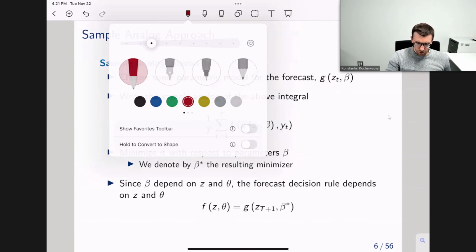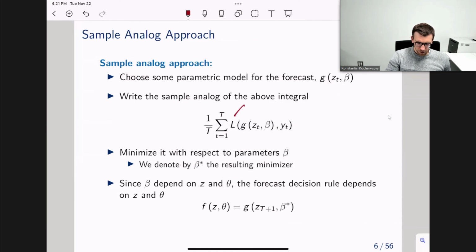We just choose the loss function, quadratic, linex, exponential, you name it. And then we choose the model. And then we go ahead. So it seems like it always works.